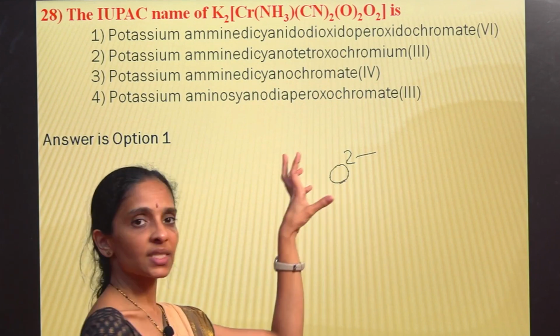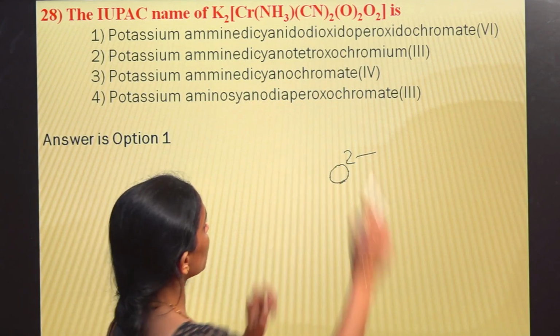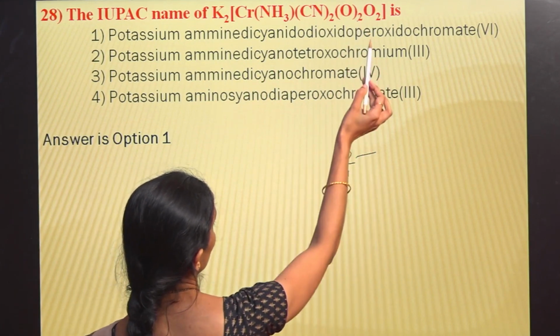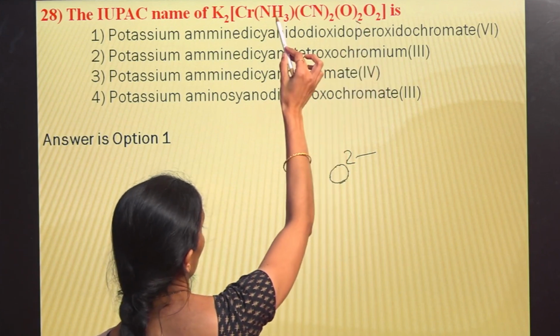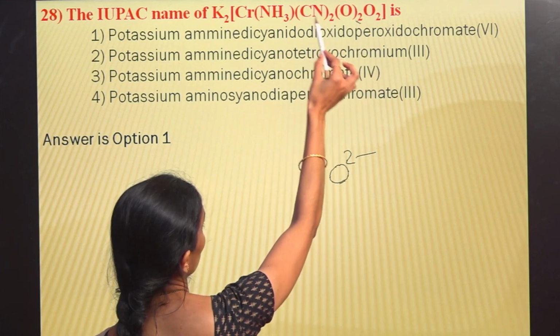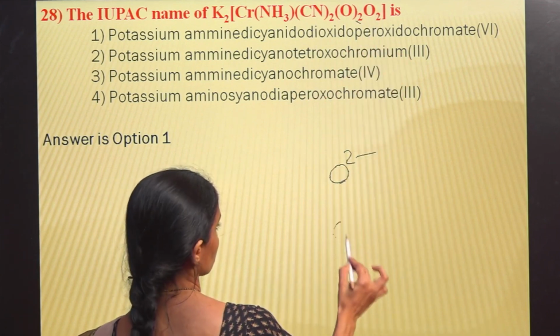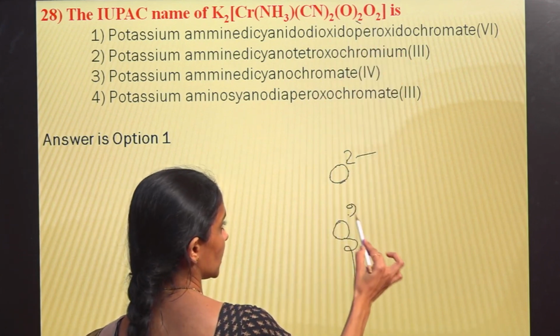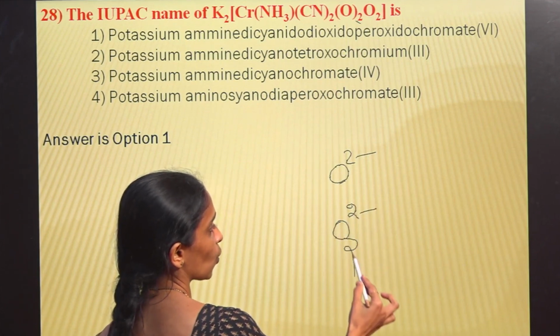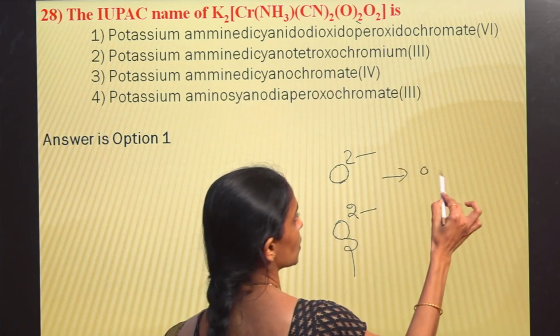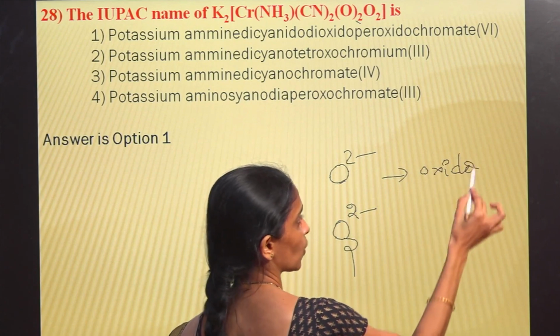O is actually O2 minus, oxido ligand, and there are two, so dioxido. So ammine, dicyanido, dioxido.